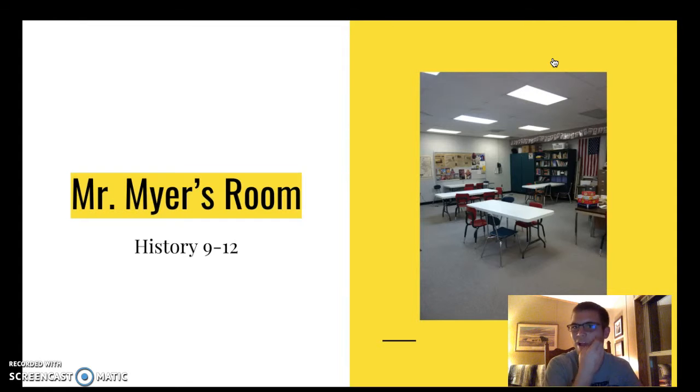Also, if you can see to the right of the picture, that's kind of where his desk is set up. And he said he likes to have it there so he can keep an eye on the entire room. If he's sitting at his desk and has students working, he said he feels like he has a pretty good vantage point.